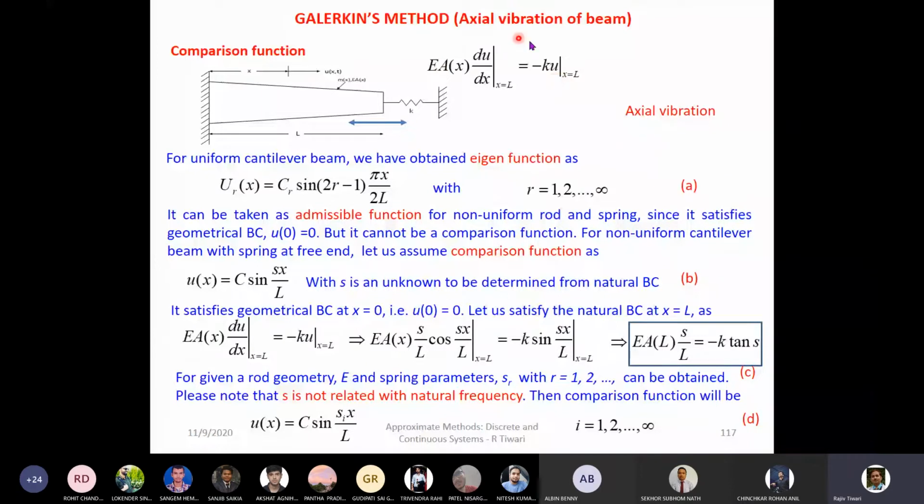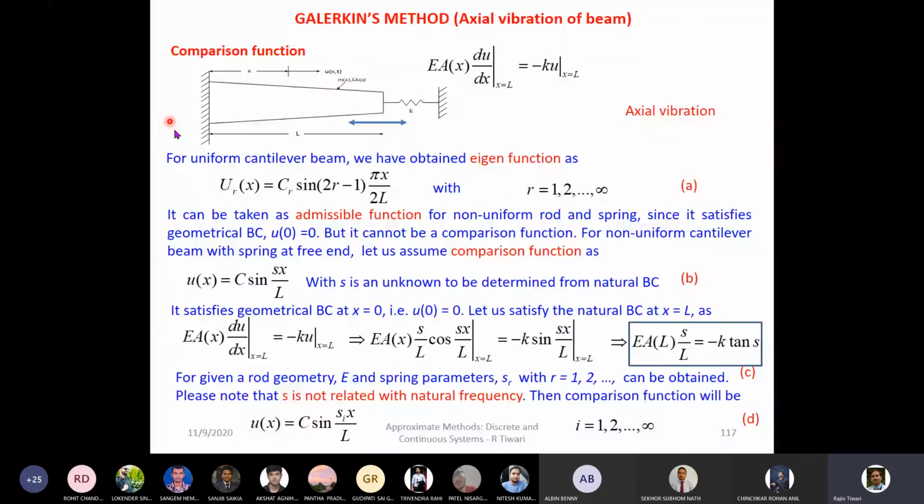At this end, we have one geometrical boundary condition, that the displacement is 0 at x equal to 0. Because this is axial vibration, only 2 boundary conditions, one here and one here, will be there. Here the geometrical boundary condition is there. Here the natural boundary condition is there.